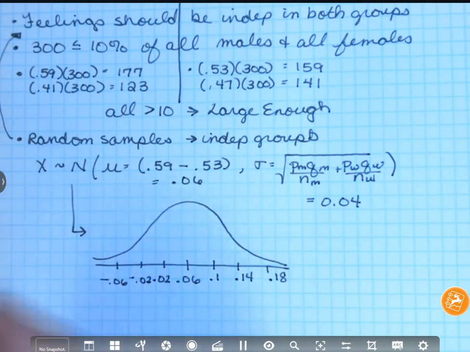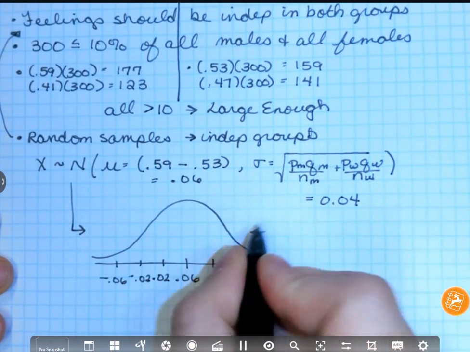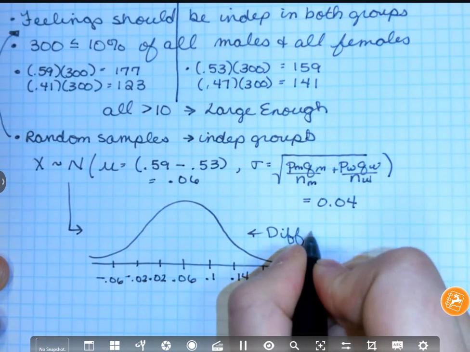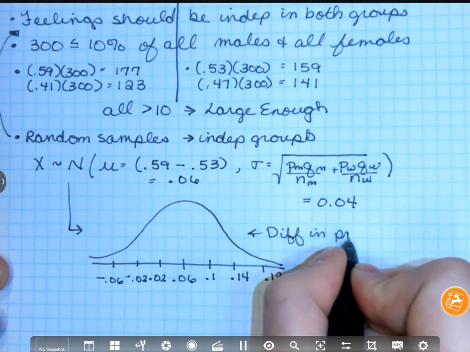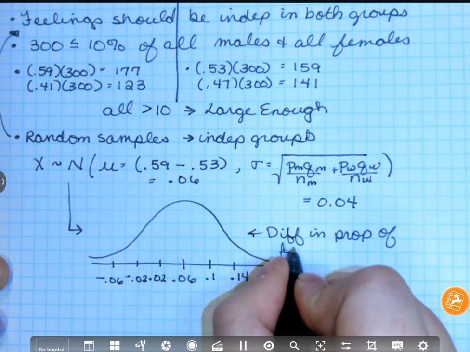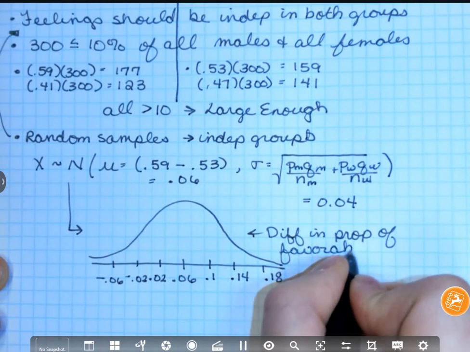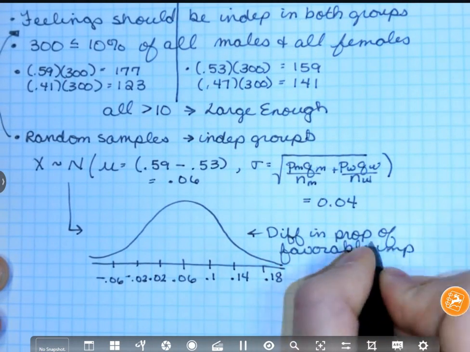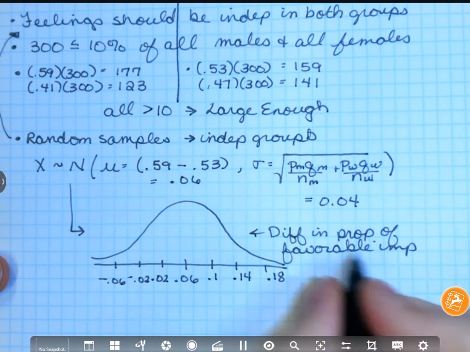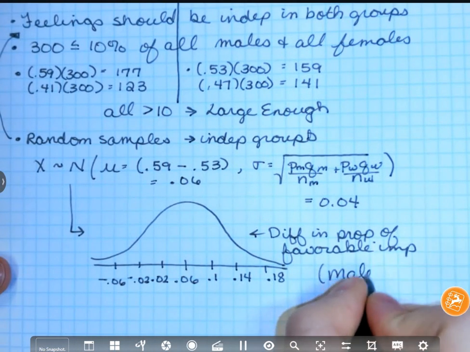Yeah. And that's why for this, it's very important that you specify difference in proportion of favorable impression, and what do I need to do here? Male minus female.